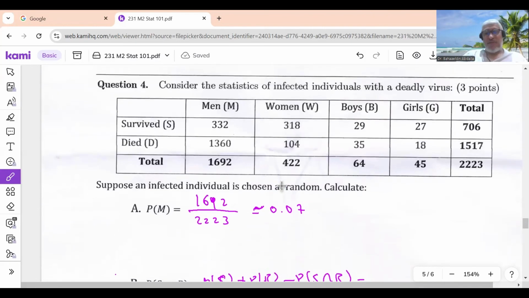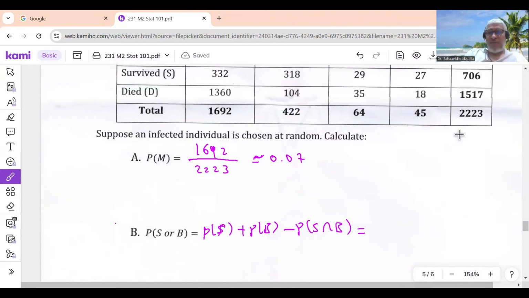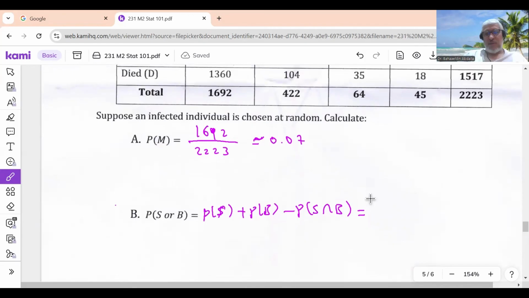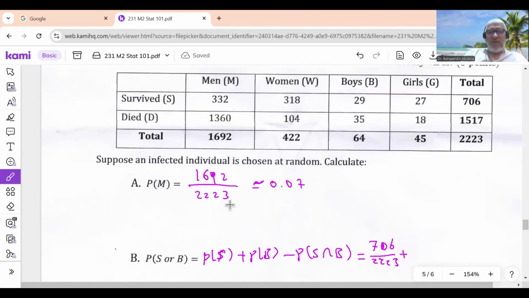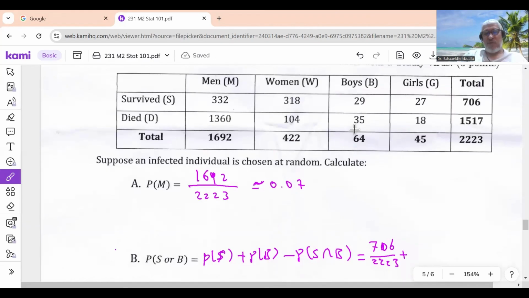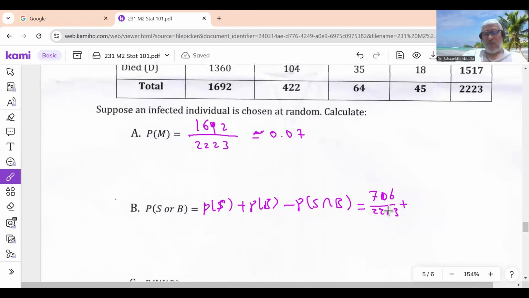So probability of S is the total number of S survived, 706, over the total number of individuals, plus probability of B, I have total boys 64. Since the denominator is the same, you can add all of these numbers over the one denominator you have.